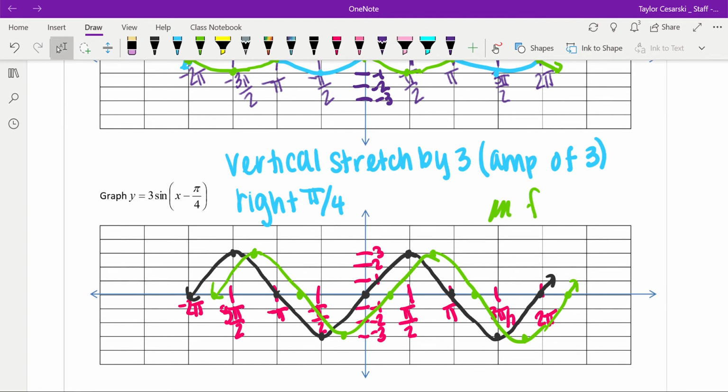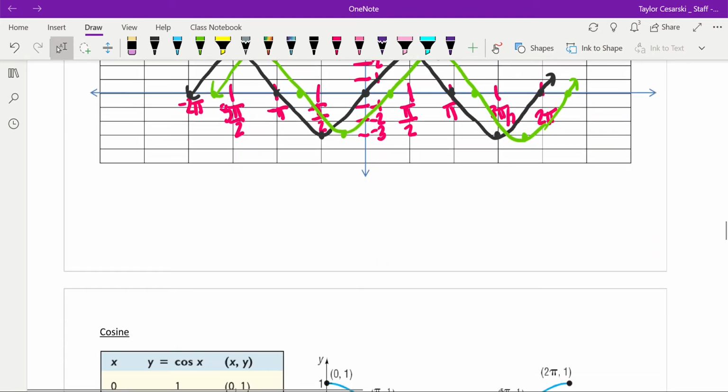And indicating which one is my final answer. And that's it. All right, so that's your sine function. Next, we're going to move on to cosine.